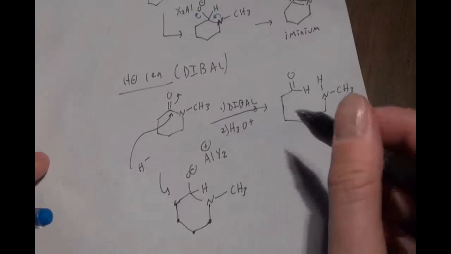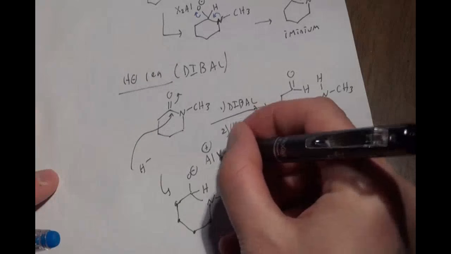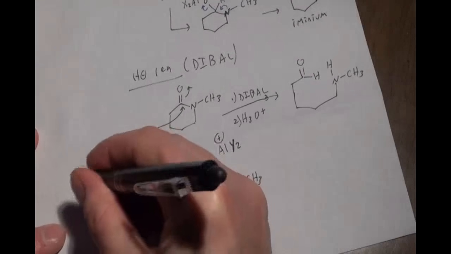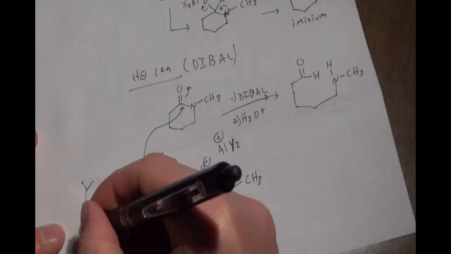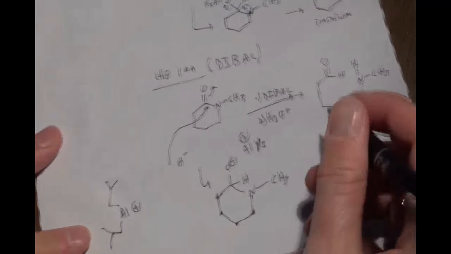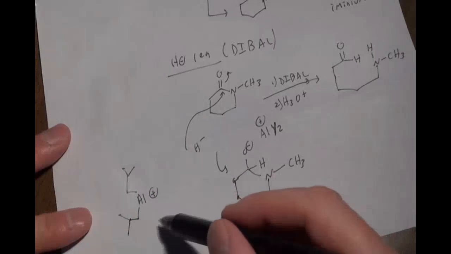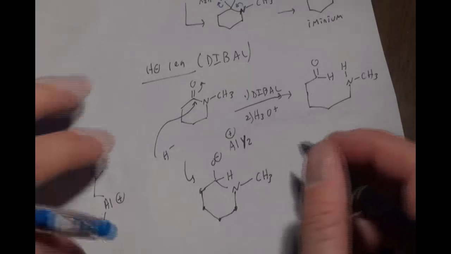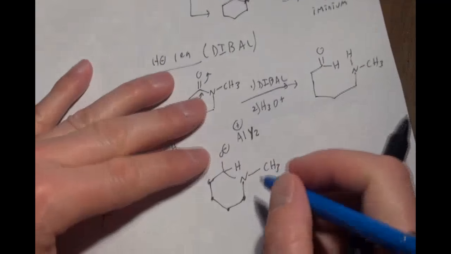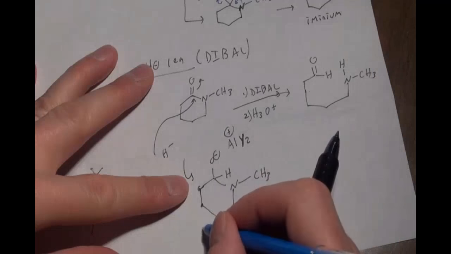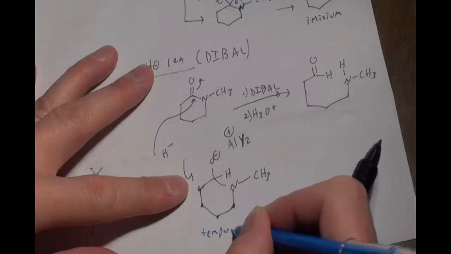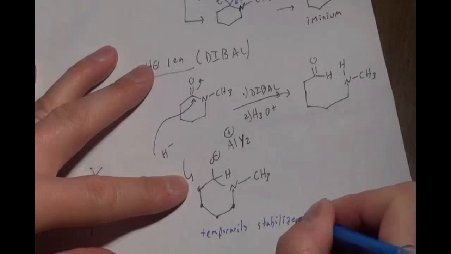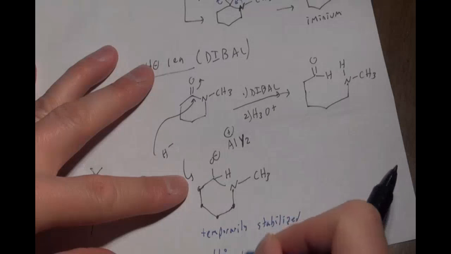Of course, what the structure is, I'll draw over here. Those are Y groups for the isobutyls, Al, Y2. Okay, but in this case, like we always say for DIBAL, this is a temporarily stabilized tetrahedral intermediate.